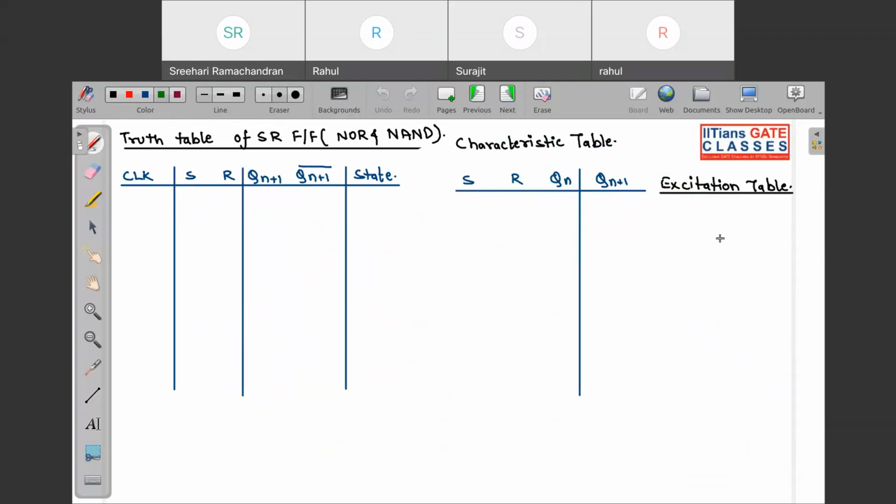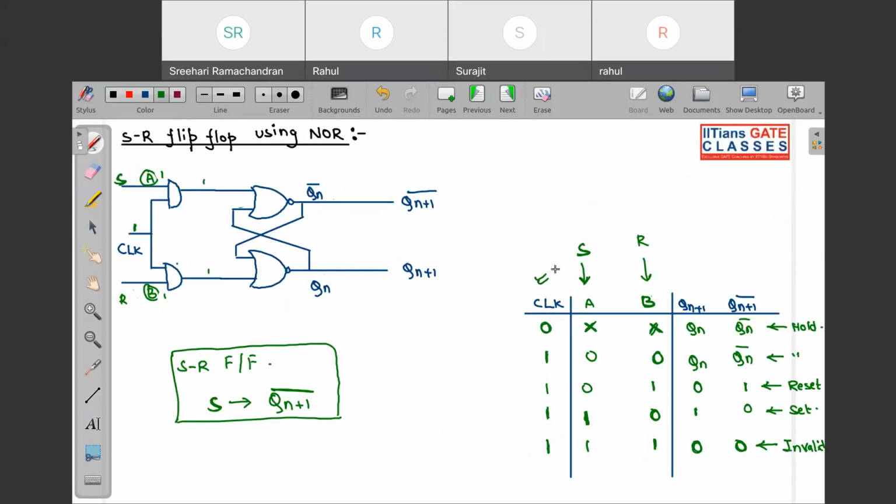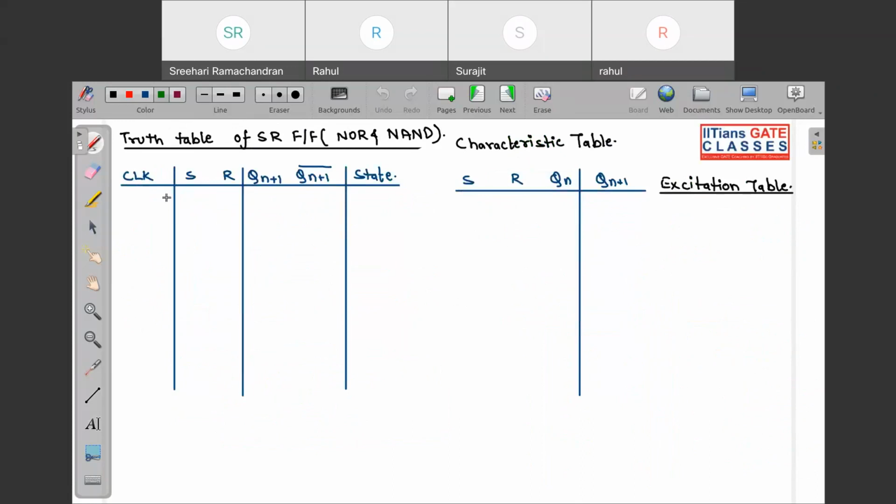So you should have a combined truth table. I have constructed the truth tables using NAND and using NOR, so I need to combine these two tables. Look very carefully. Whenever clock is 0, it is hold state. It doesn't matter what S and R are, you are always in hold state.